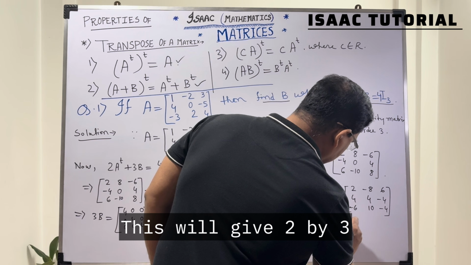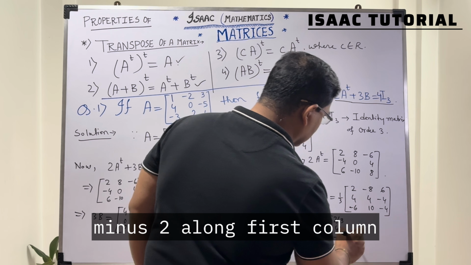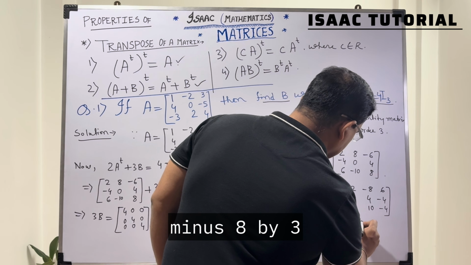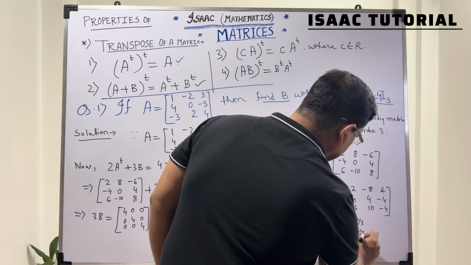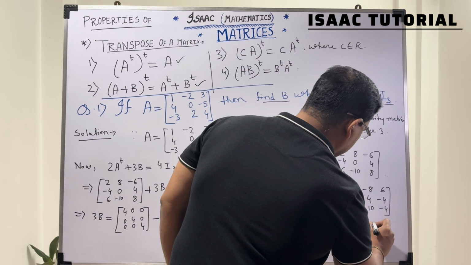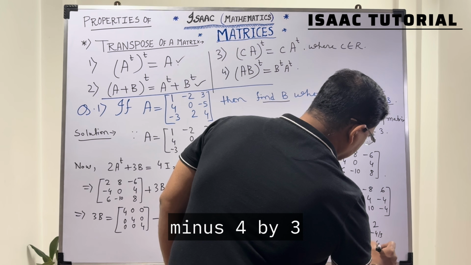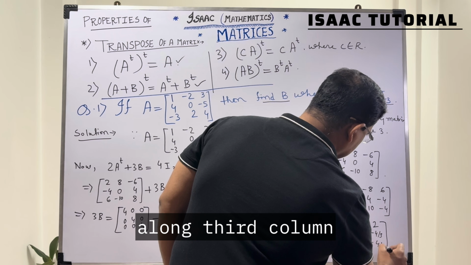This will give 2 by 3, 4 by 3, minus 2 along first column, minus 8 by 3, 4 by 3, 10 by 3 along second column, 6 by 3, that is 2, minus 4 by 3, minus 4 by 3 along third column.